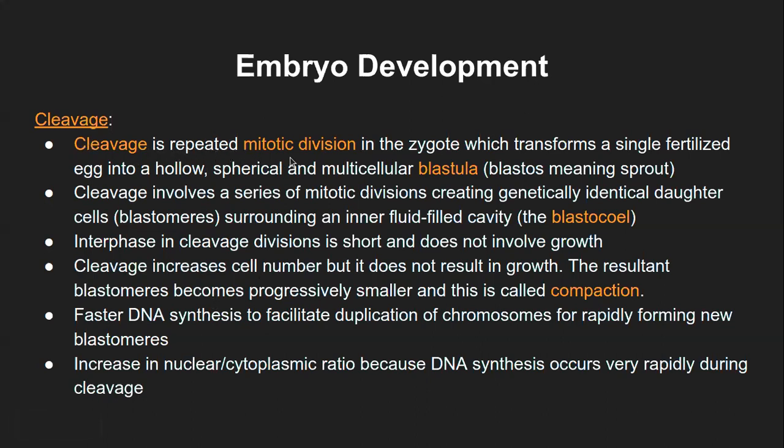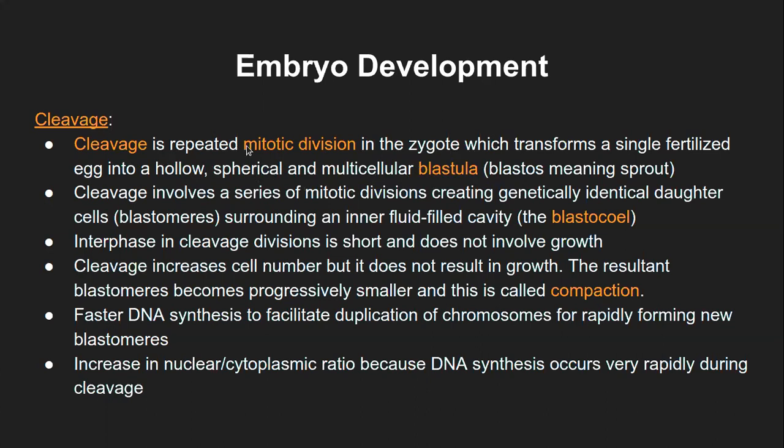Cleavage is the repeated mitotic division in the zygote, which transforms a single fertilized egg, that is, your zygote, into a hollow, spherical, multicellular blastula. That particular process is known as cleavage. Blastula is a group of cells, which we will see further, but it is just a group of these mitotically divided zygote cells forming a mass, and that's what we call blastula.